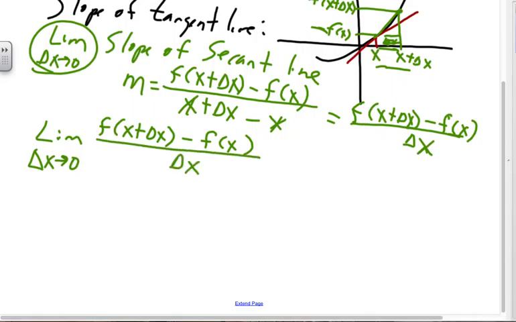Okay, so what you do if you're given some stuff is you just plug these in. Now, this gives you the slope of the tangent line at point x.